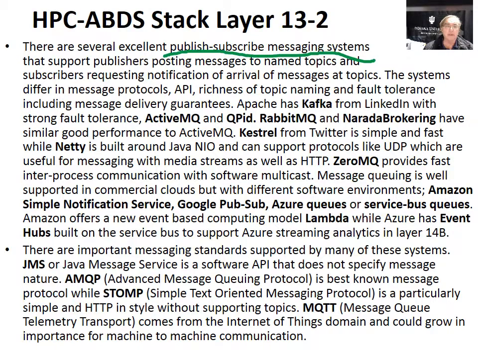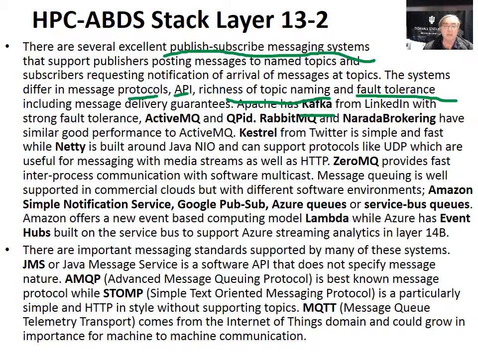They differ in the protocols, the API, how you access them, how rich you can make topic names, hierarchical, and wildcarding, and also the fault tolerance of the messages: can they get lost, and what are the delivery guarantees. If message 1 is sent after message 2, is it delivered after message 2? So is message order guaranteed? So we have a wide variety of entries here.